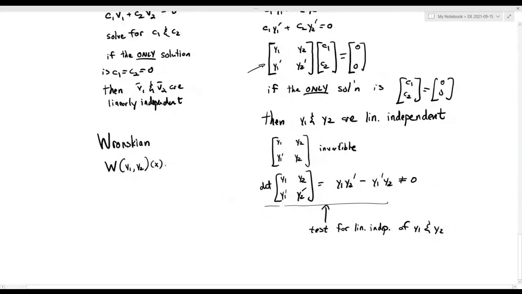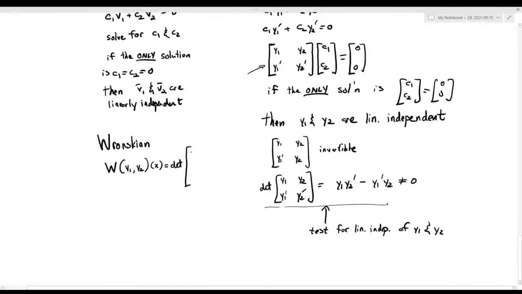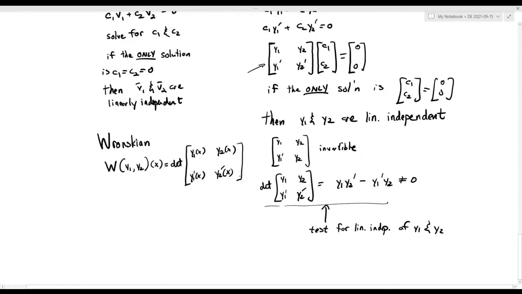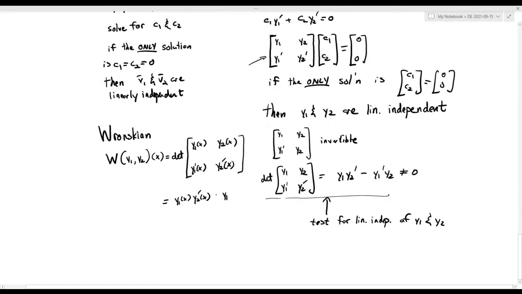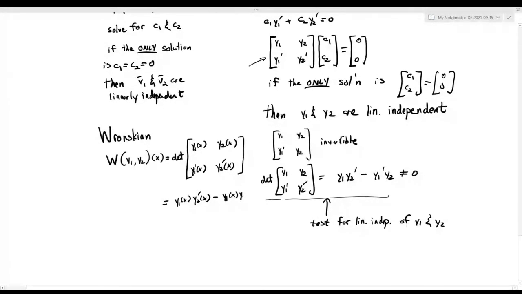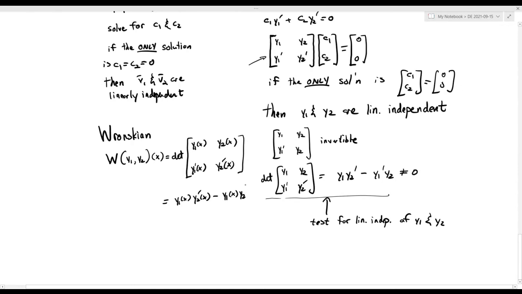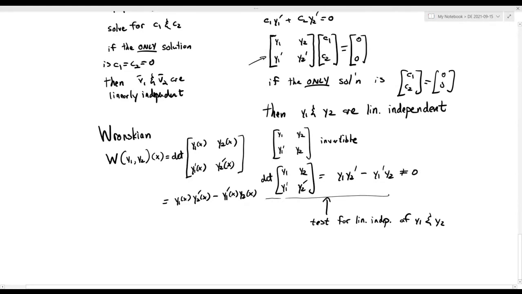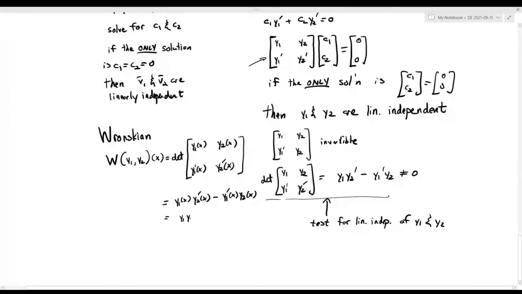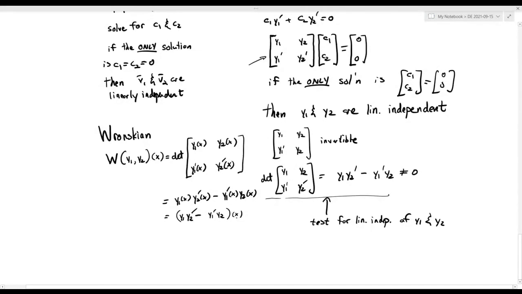It's, if this is a function of x, the determinant that we presented here, a function of x.